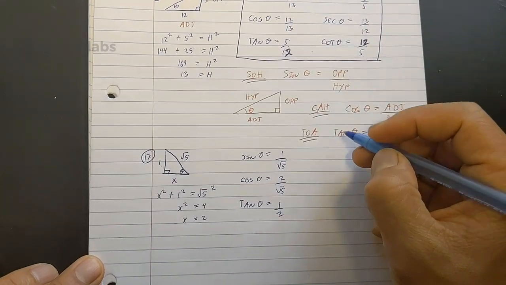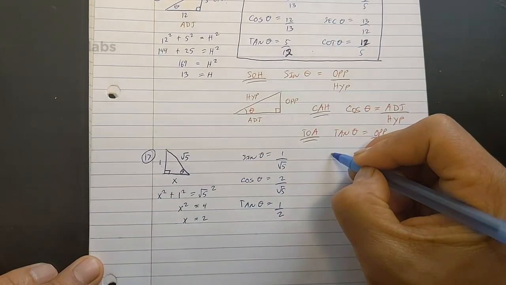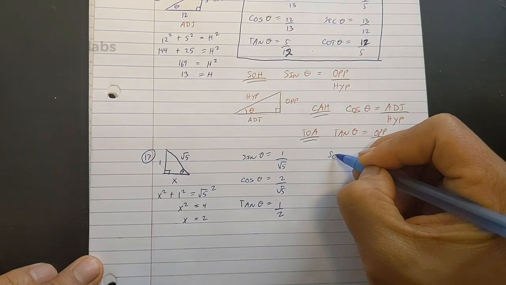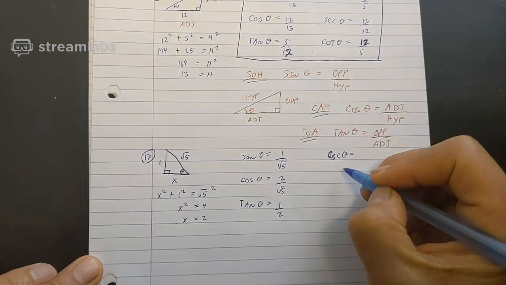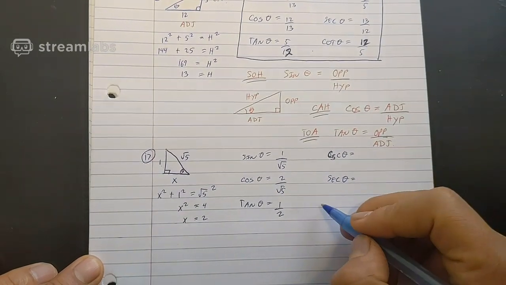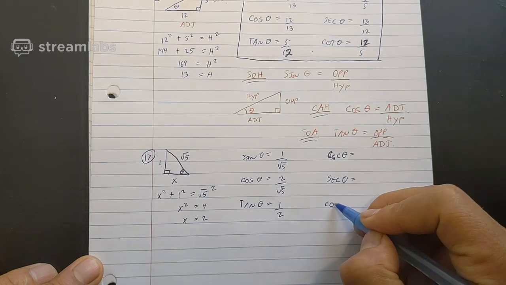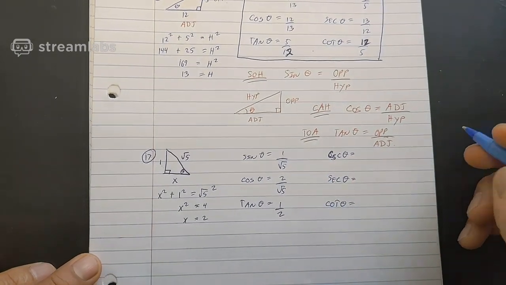All right, let's move on. I'm just going to leave these as is for now. I'm giving myself some room. This cosecant, secant, and cotangent. Again, I'll rationalize these later.